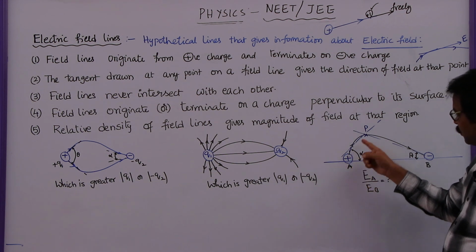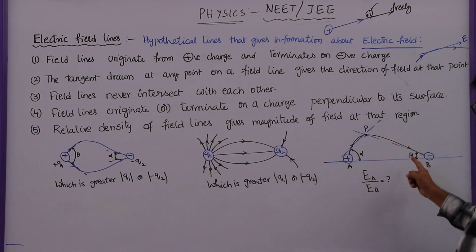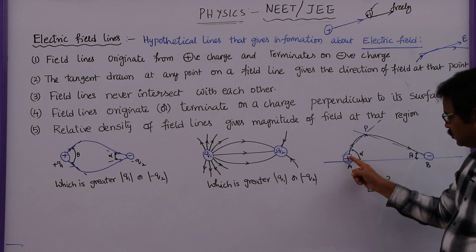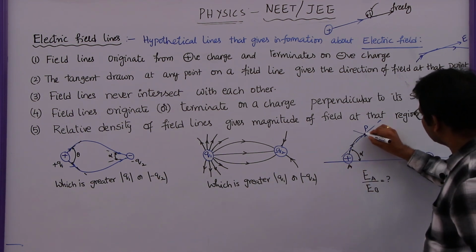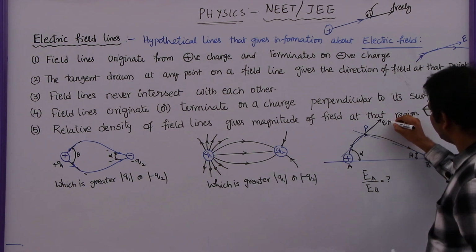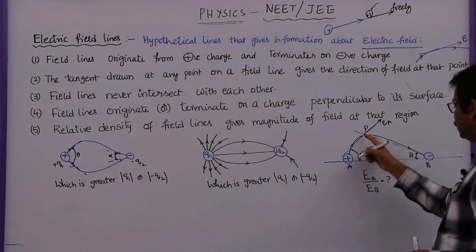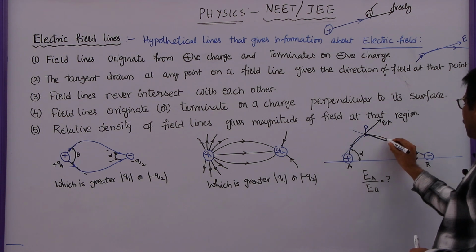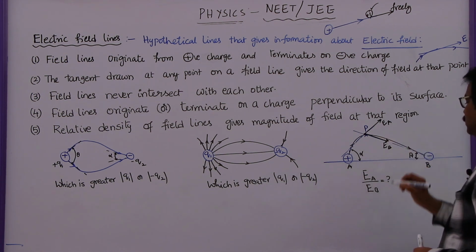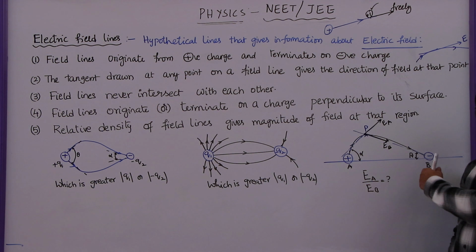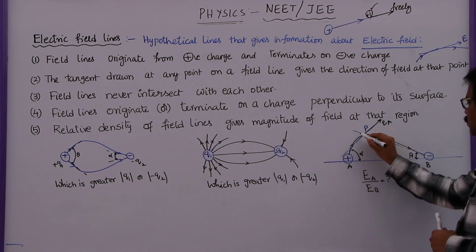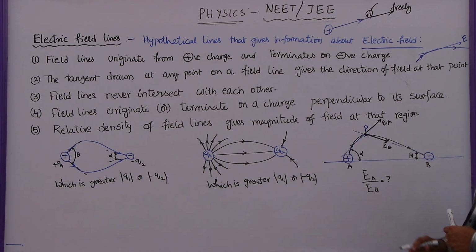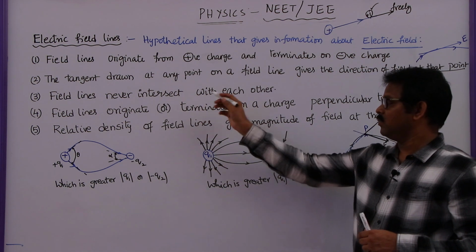One is due to the positive charge present at A, and one is due to the negative charge present at B. At this point, this will give the direction of the electric field due to the charge at A, and this will give the direction of the electric field due to the charge placed at B, that is the negative charge. So the tangent at that point will give the direction of the field.